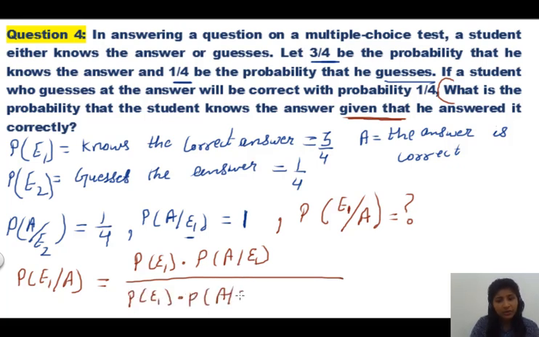We can do it using a tree diagram that makes it easy for us to solve. So let us first do it with this, and then we will be finding it out.